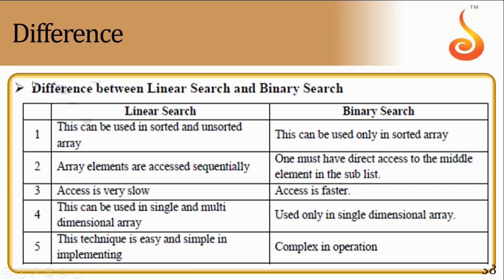And in this one, elements are accessed sequentially. What do I mean by that? In this, I start from the 0th element. That is, I have the search element and I go on comparing it with the first element, second element, third element. That is, in sequence I do: 1, 2, 3, 4, 5.